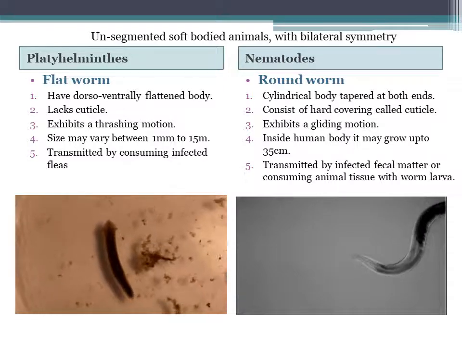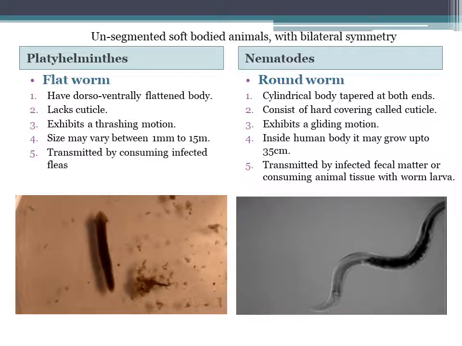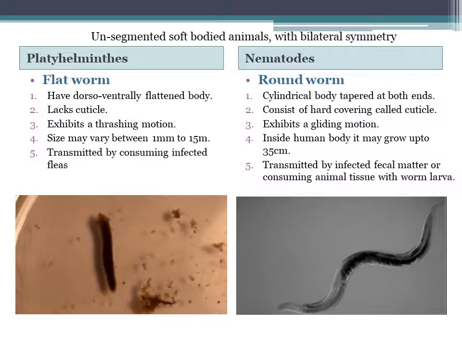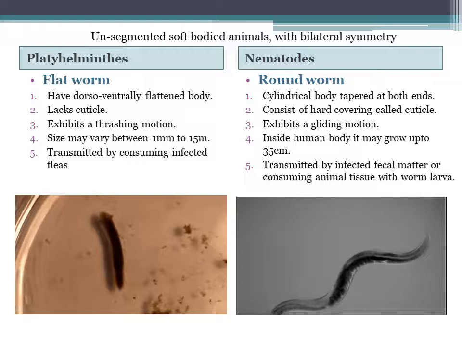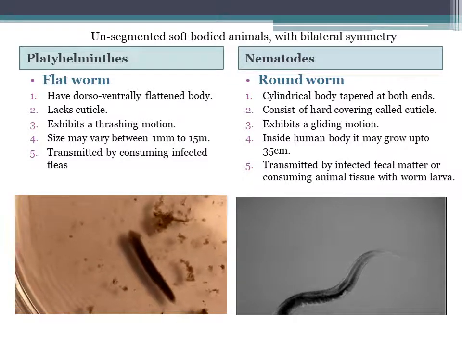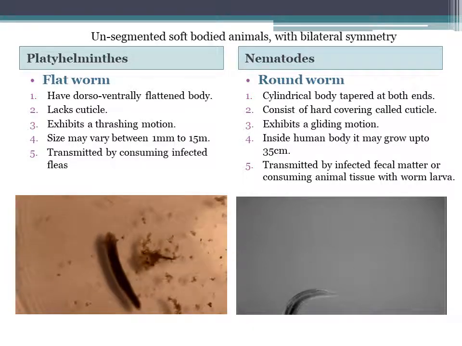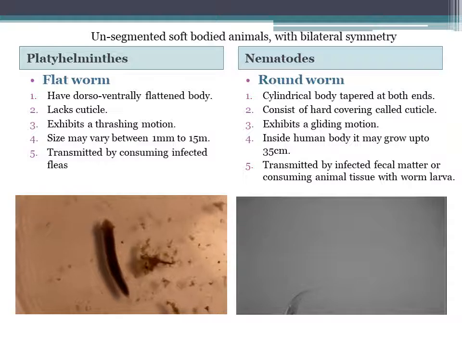Dorsal is the backside, ventral is the front side in our case. So both areas are somewhat flattened. But roundworms basically have a cylindrical body, tapering at both ends. Tapering means they are very pointed.